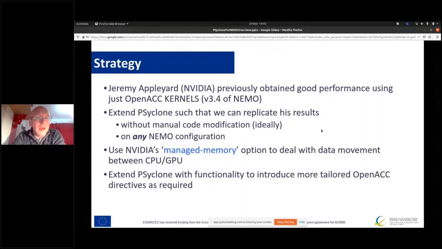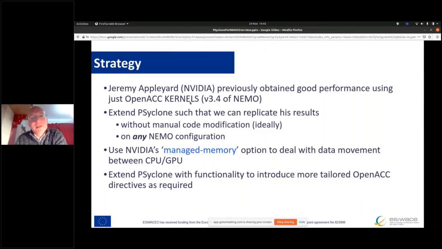At the same time, Nvidia had experimented with applying OpenACC directives to NEMO, and Jeremy Appleyard had done that for, I think, the GYRE configuration of NEMO, the ocean-only benchmark configuration, and he'd got good performance on GPUs, primarily just using these OpenACC kernels directives. So really just getting the compiler to do its thing and giving it a bit of a hand along the way.